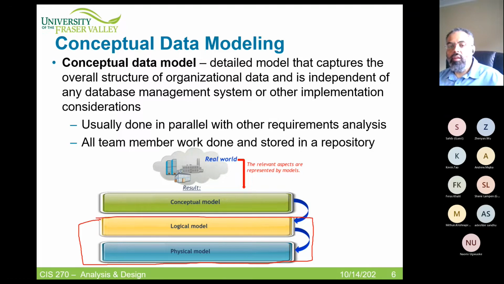Some people will do the conceptual model apart from the design. Based on our definition using this SDLC cycle, it is part of analysis. If you go online and read some references, some will say the conceptual model is not part of analysis, it's part of design.